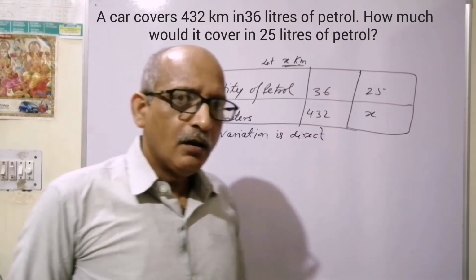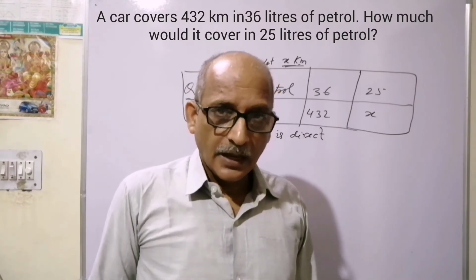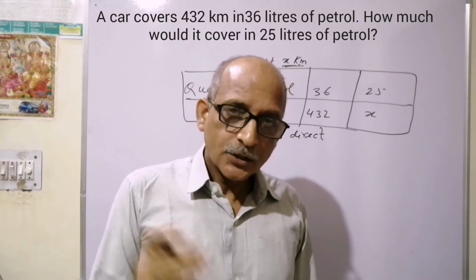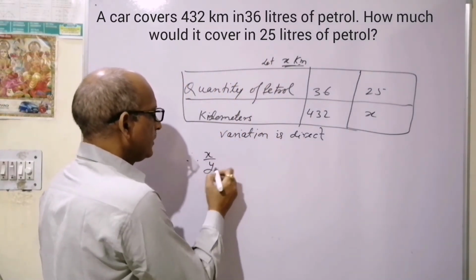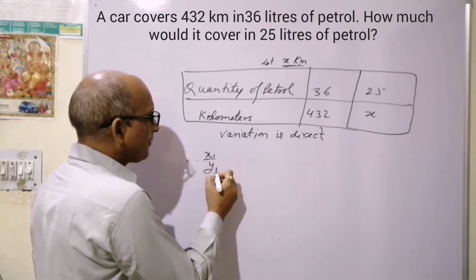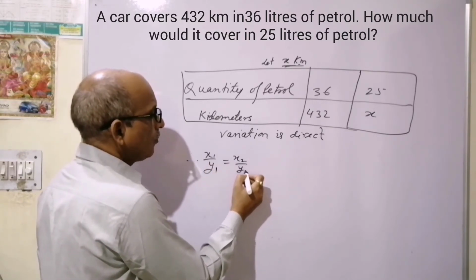Now recall, if variation is direct, then what is constant? x upon y is constant. So x1 upon y1 is equal to x2 upon y2.